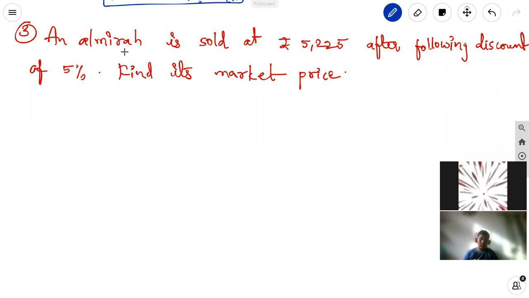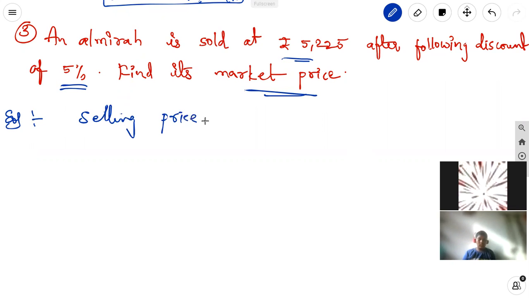Third problem. An almirah is sold at 5,225 after following a discount of 5%. Find its market price. Here, what have they given? Selling price equal to 5,225. Okay. What is the discount percentage?